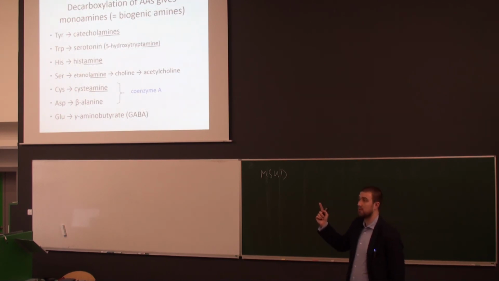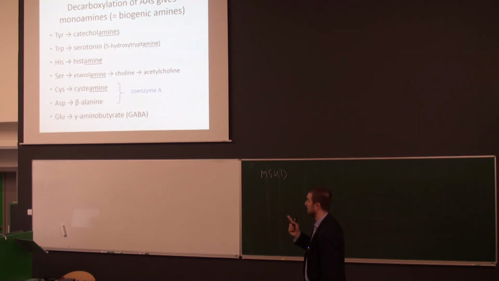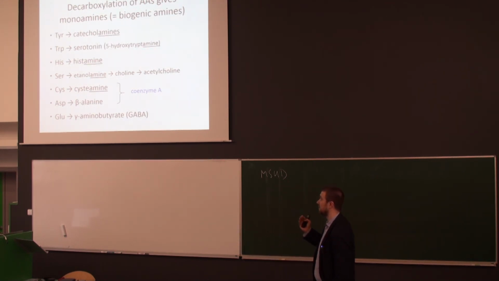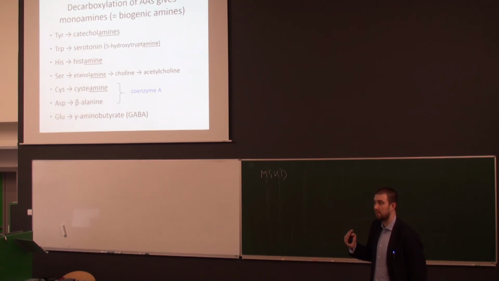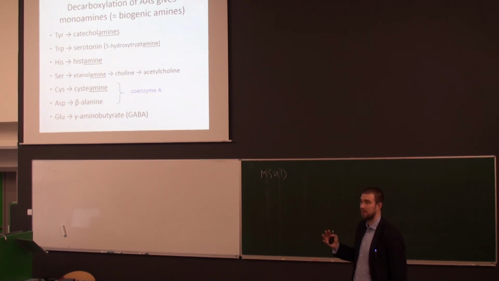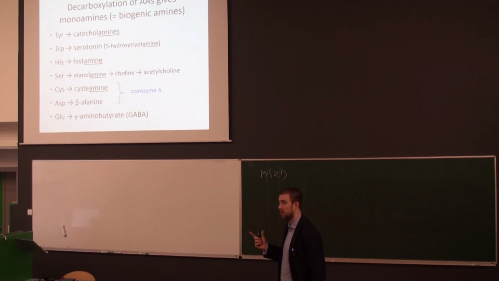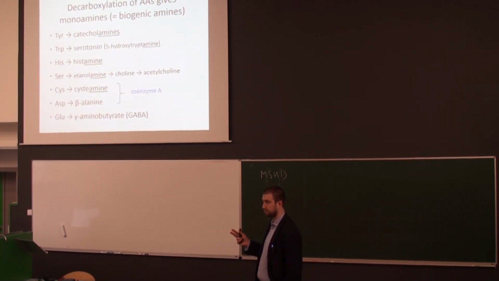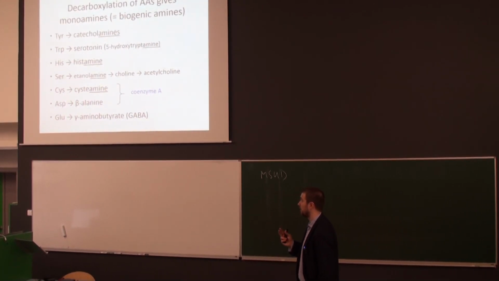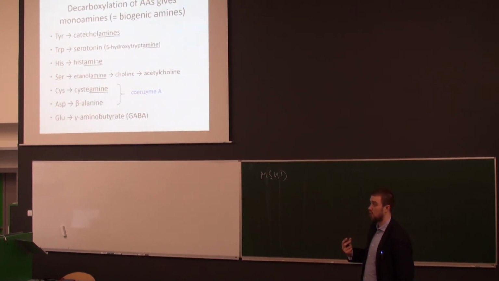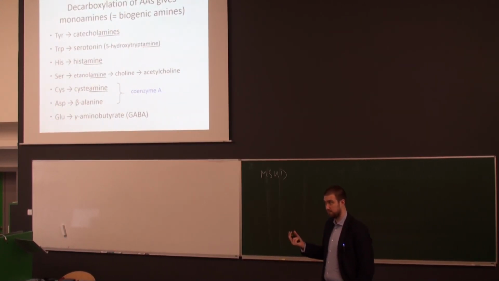If we start with tyrosine. Tyrosine is an amino acid that will be hydroxylated, subsequently decarboxylated, and it gives birth to a group of compounds that we call catecholamines. Catecholamines, that means noradrenaline, adrenaline, and dopamine. As you know, adrenaline is a very important stress hormone, and it's one of those control-regulatory hormones.